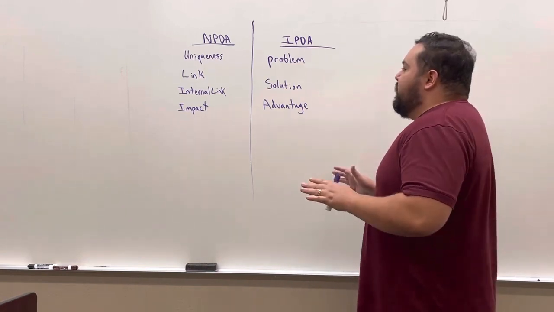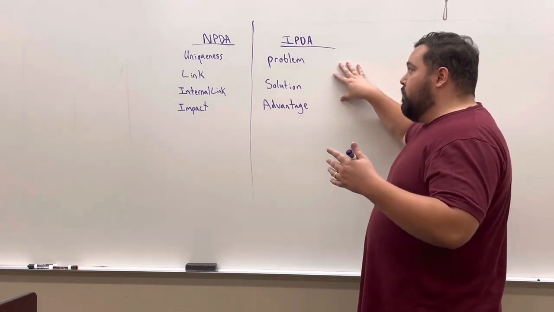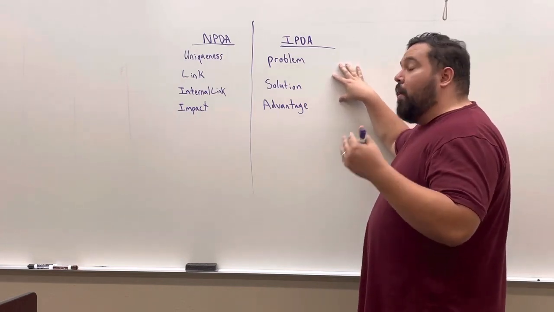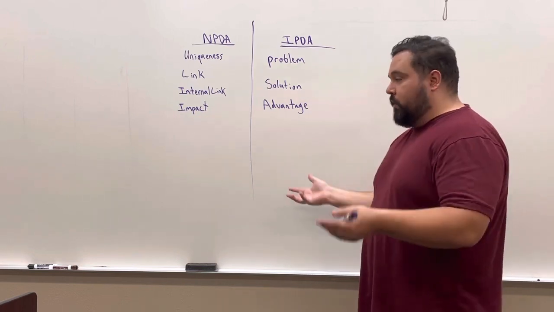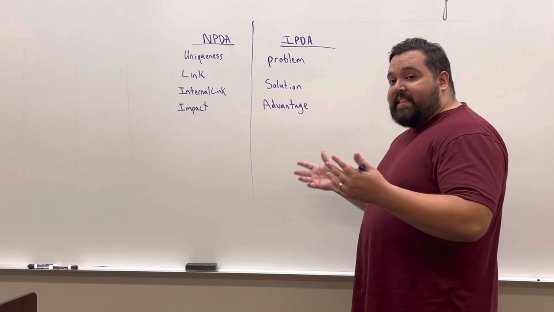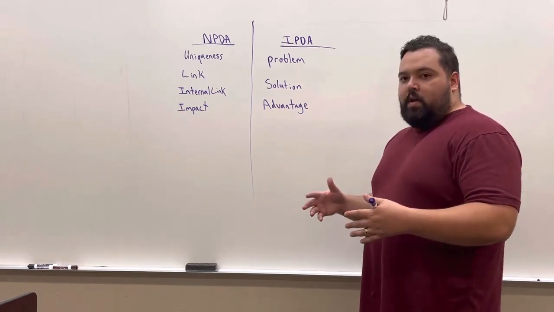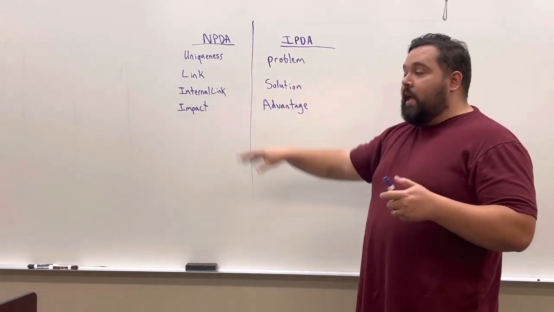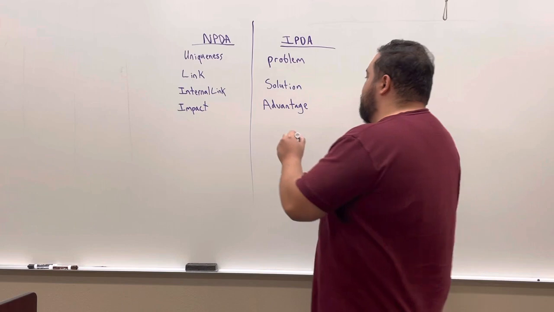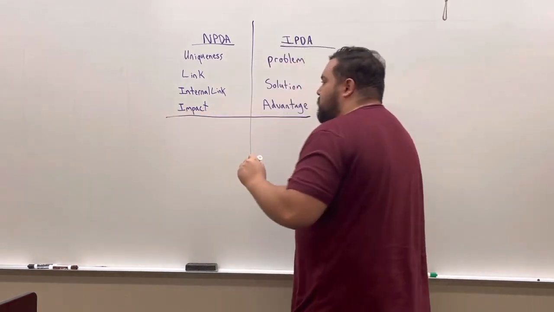At its most basic level, I think this is how you should probably be prepping your positions in IPDA for policy-style debate, meaning you have a policy-style resolution. With that said, the good news is, in fact and value debate, we can just use the exact structure we would use in NPDA. So in NPDA, if we were doing fact or value, folks, what do we do instead of uniqueness, link, internal link, impact?